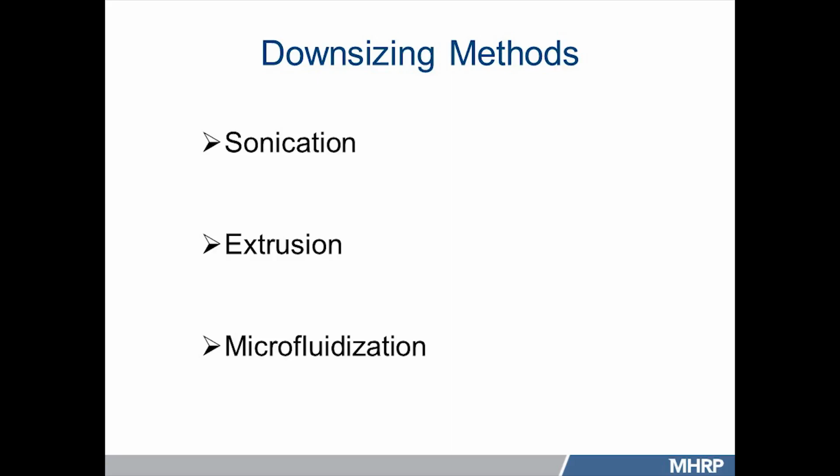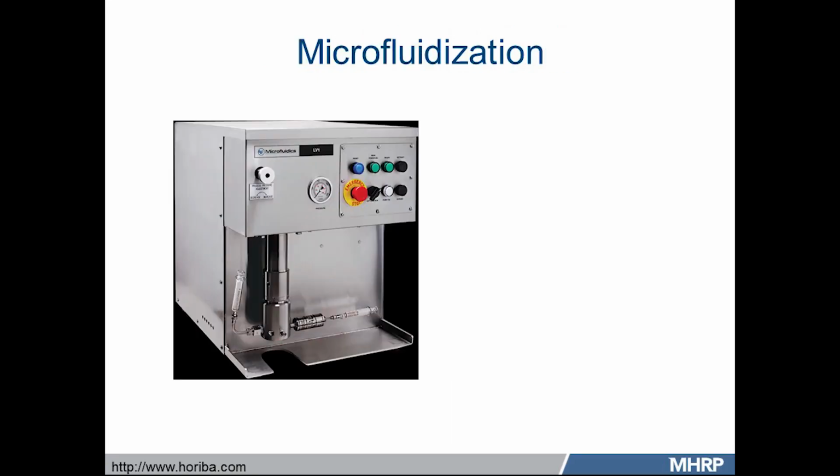Microfluidization is the technique we use very routinely in our lab, and there you apply high pressure to break down these large vesicles into small ones. It's a lab scale microfluidizer that I'm showing you here. You apply this colloidal solution in one syringe as an input, and then you get the desired product here.